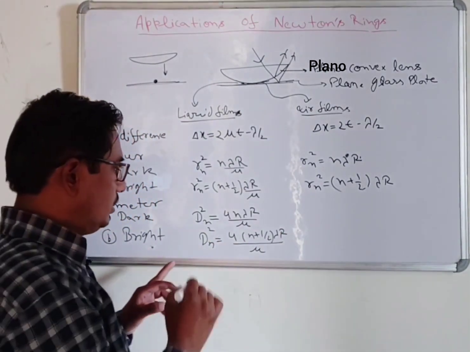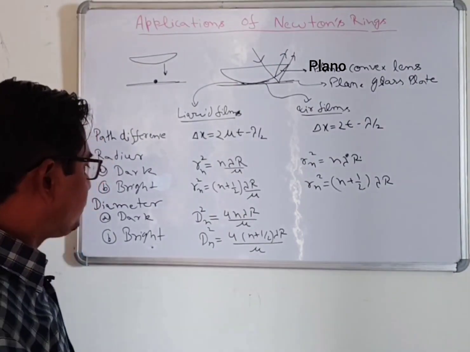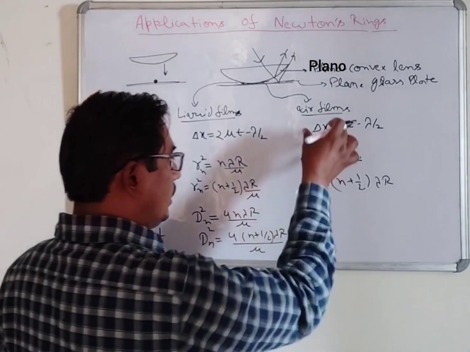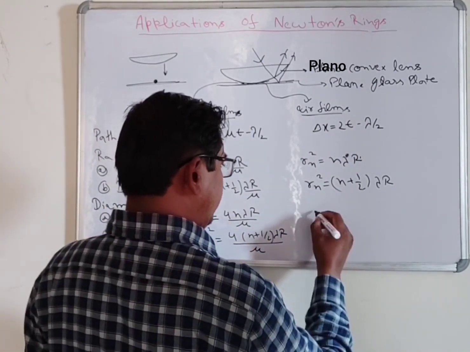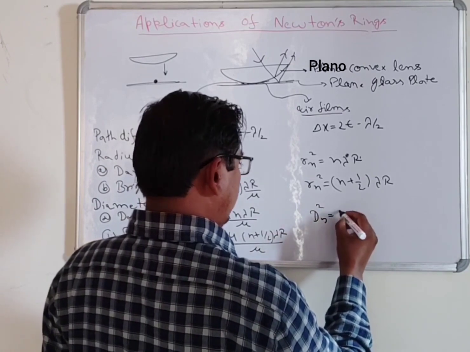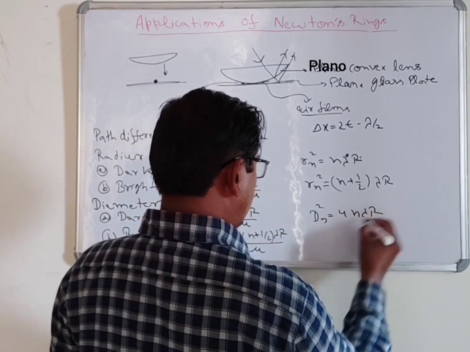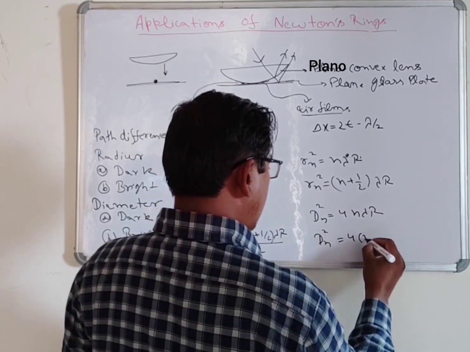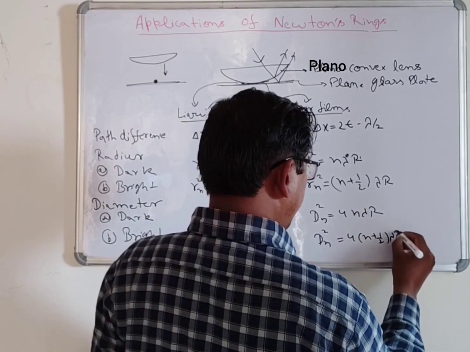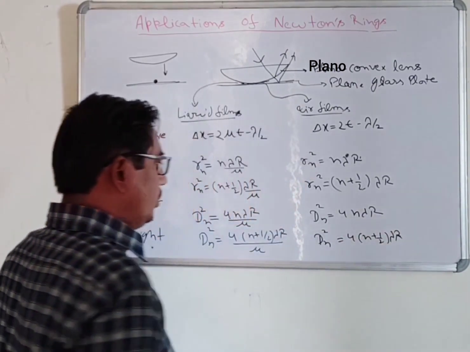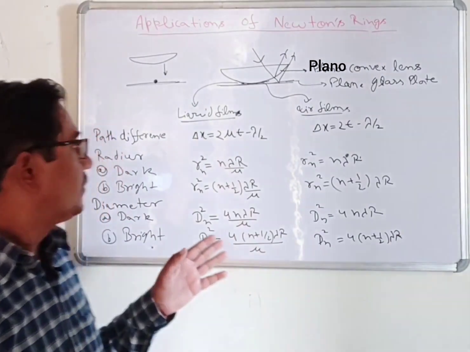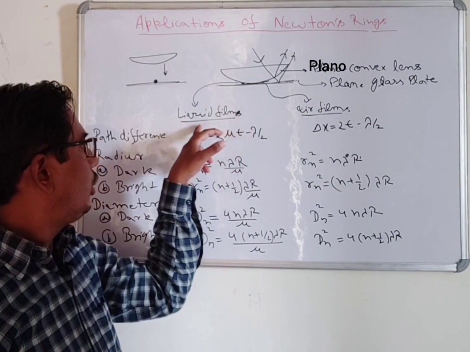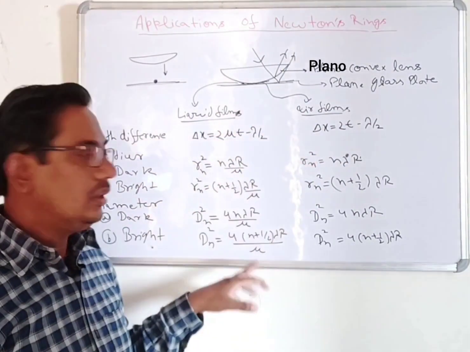You know very well. Here in case of air film, mu is equal to 1, everything same. D_n square is equal to 4 n lambda R, and D_n for bright square is equal to 4 (n plus half) lambda R. Now you can see that we can compare the liquid film as well as the air film.